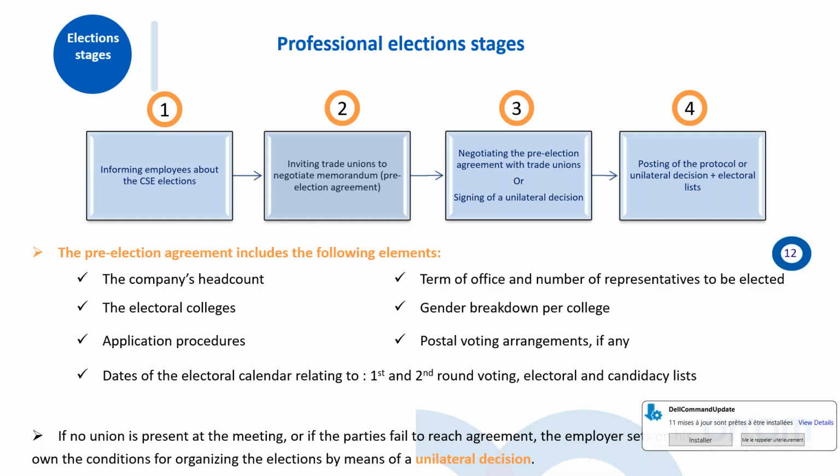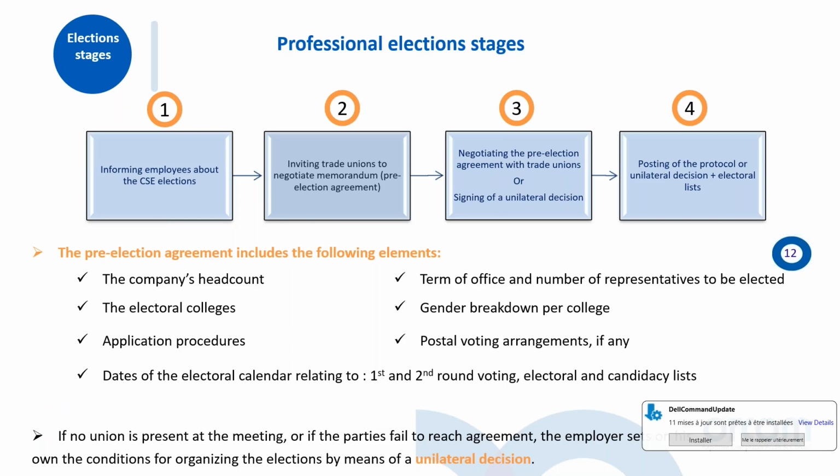After, you need to include the application procedure. You need to include the term of office and number of representatives to be elected. The term of office is the duration of the mandate, and the number of representatives is what I explained on the slide just before this one. You need to include the gender breakdown per college.